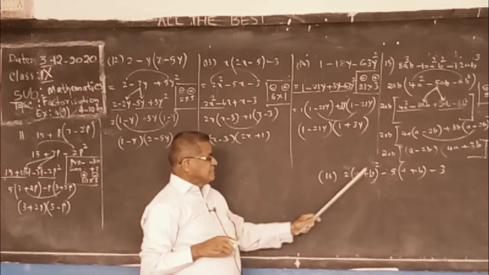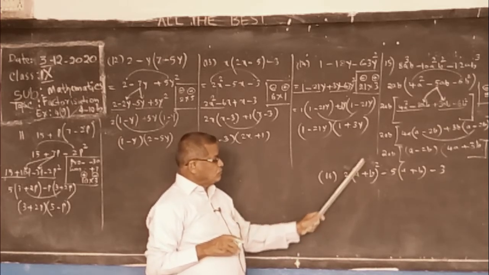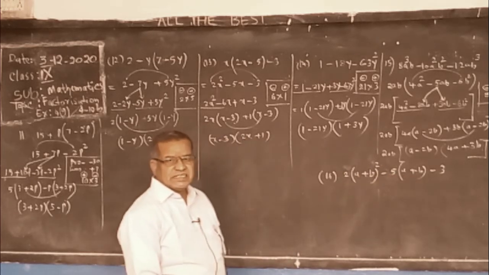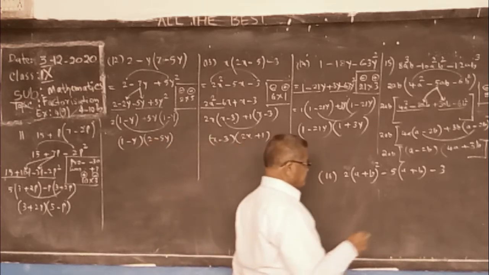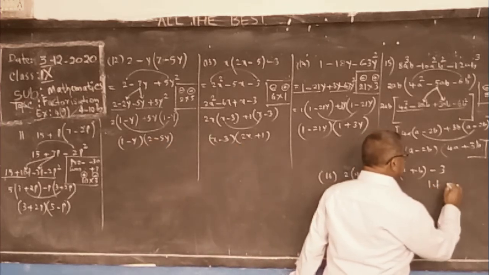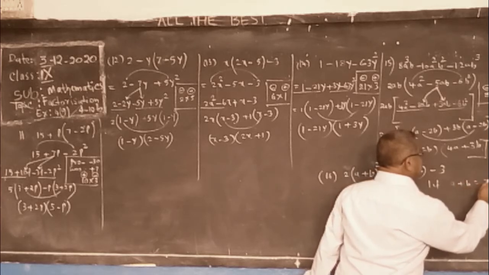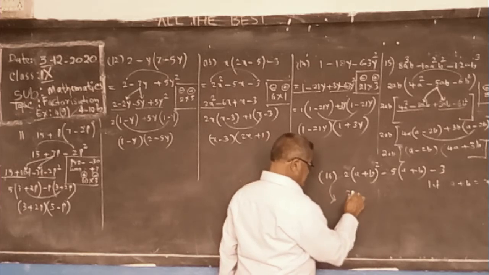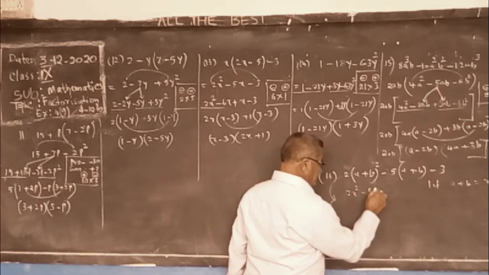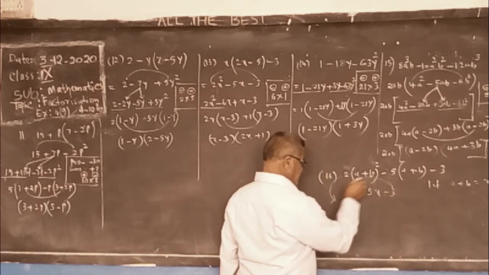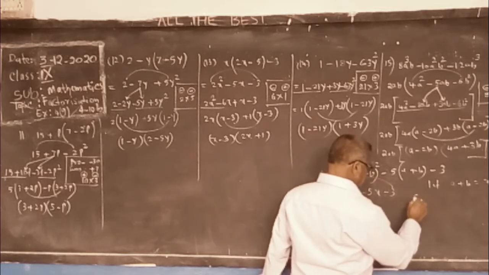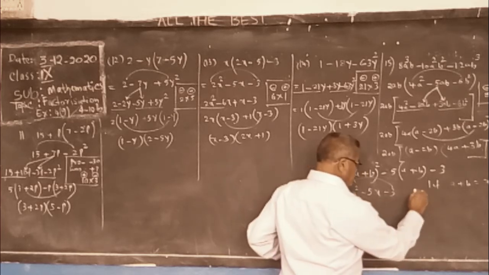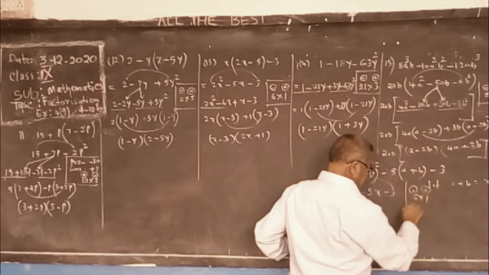Now coming to the 16th, here (a plus b) whole square is given. Let a plus b be some other variable x. Now this becomes 2x squared minus 5x minus 3. The product is 6, so 6 and 1. The middle term is minus, so put minus for the bigger and plus for the smaller.